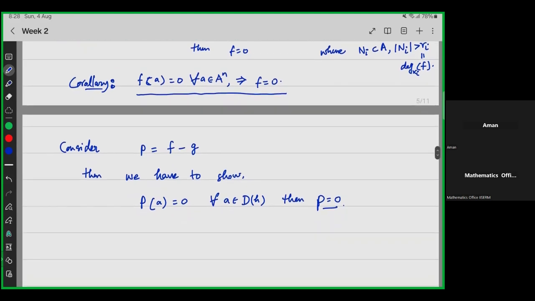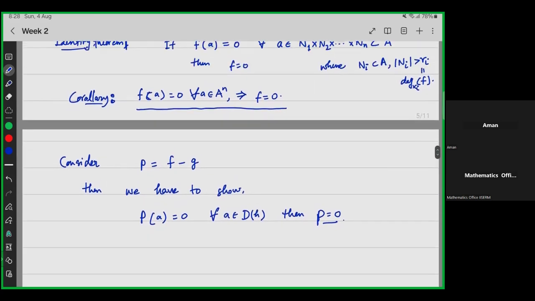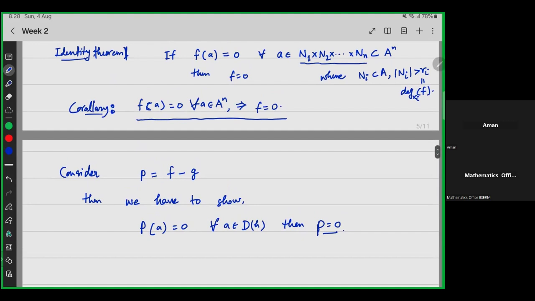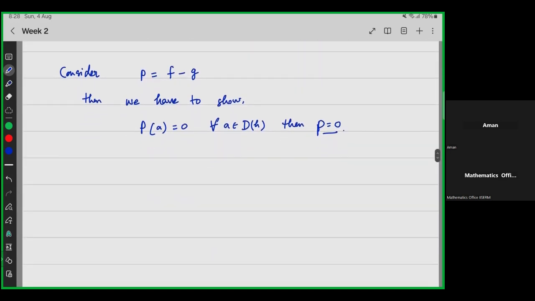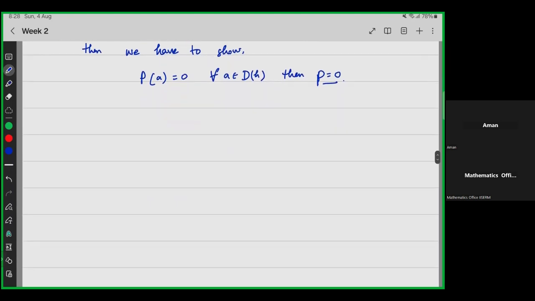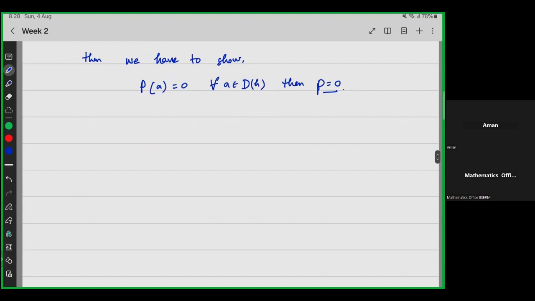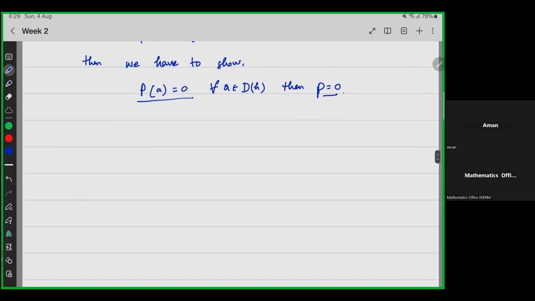This is much easier than finding such a Cartesian product or box where f is 0. So we'll show that f is 0 on all a, and then f itself is 0. If we show P(a) is equal to 0 for all a belonging to A^n, then P is of course 0. But let's continue from here.